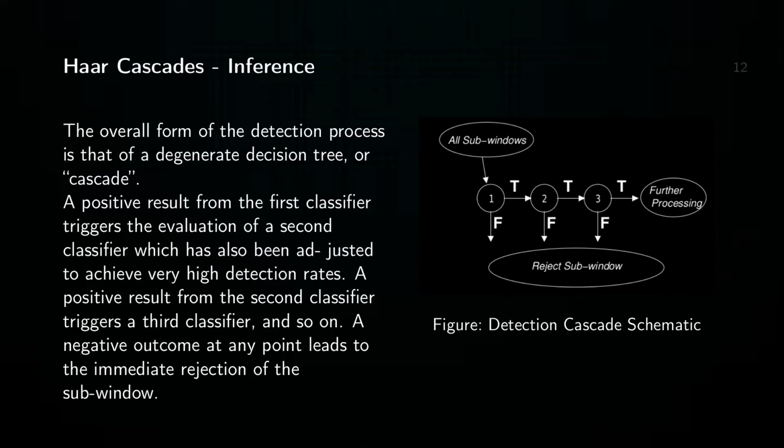So what eventually happens is that only specific sub windows of the image where an object actually exists reach the final classifier and go forward for further processing, while the windows of the image which hold no significance are discarded very early.